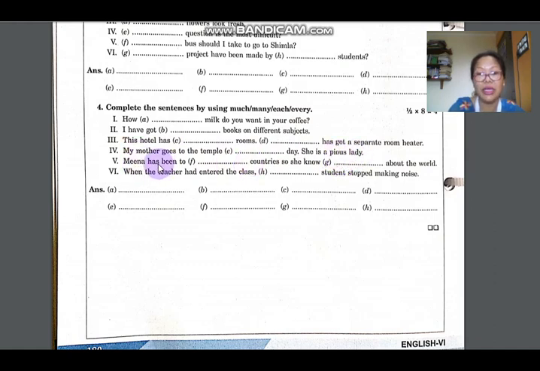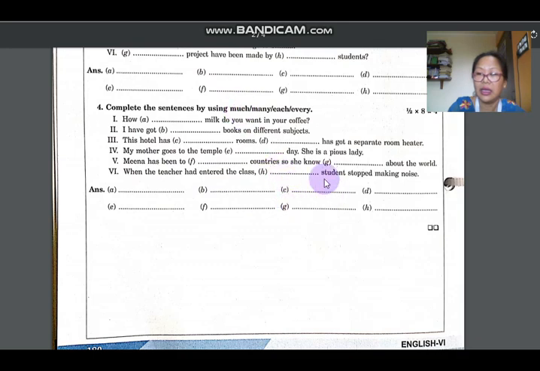Number 5, Meena has been to dash country, many countries, so she knows much about the world. Number 6, when the teacher had entered the class, every student stopped making noise. Okay, so you will fill up these blanks with these words here.